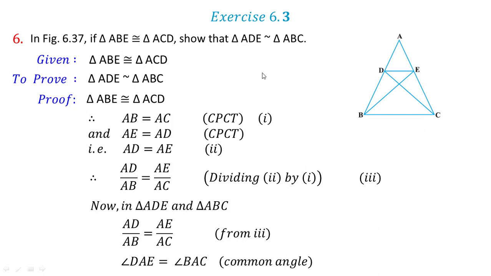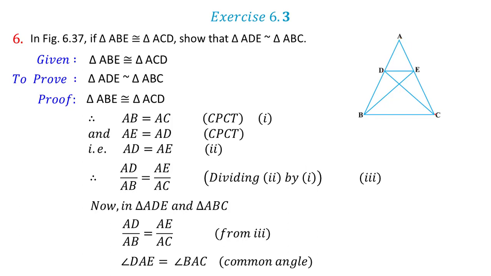In this figure, it is already given that triangle ABE and triangle ACD are congruent. Show that triangle ADE is similar to triangle ABC.